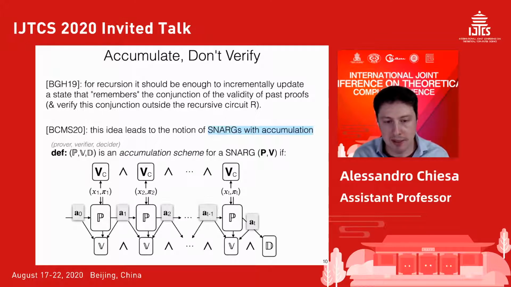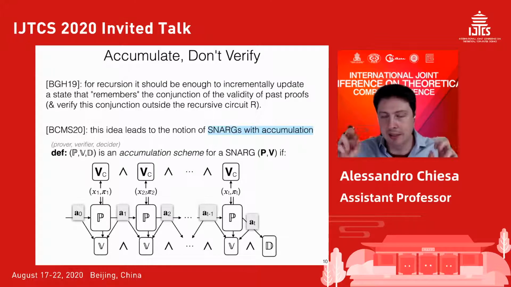A2 would be like this thing with some random coefficient in front, and you add it to the old one, so that if you want to check the linear statement, it suffices to check this one, because this guy made sure that A2 was a random linear combination of the previous one and the next statement. So you should think of accumulators as random linear combinations of all the theorems and statements you've seen so far, in such a way that you only need to check the latest linear combination, so it doesn't really blow up.